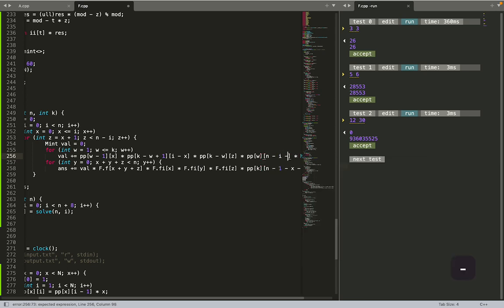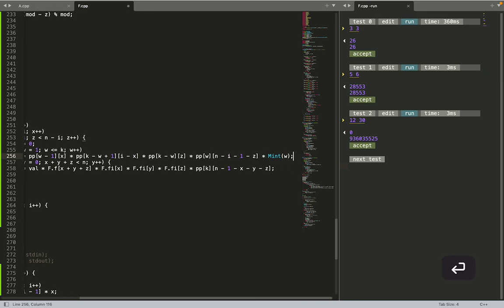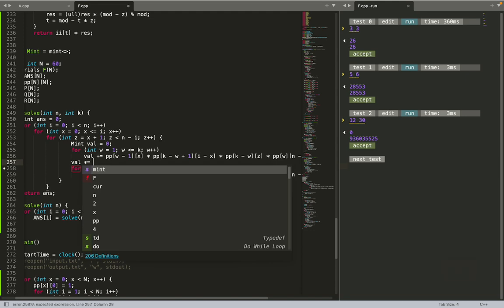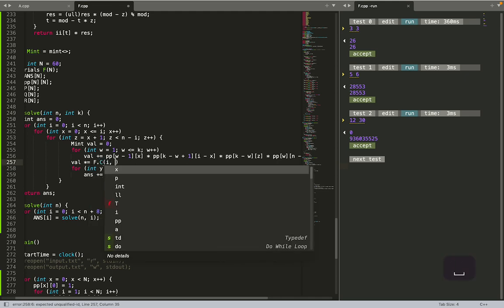That's n minus i minus 1 minus z. And you multiply by w, and then two binomial coefficients. My position is fixed, and I need to choose the positions for smaller before and for greater after.